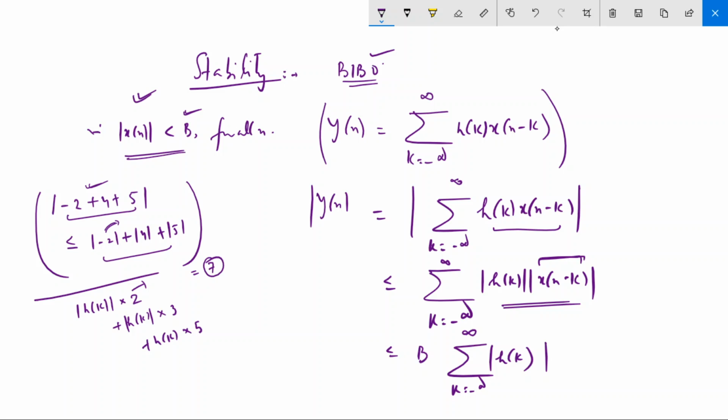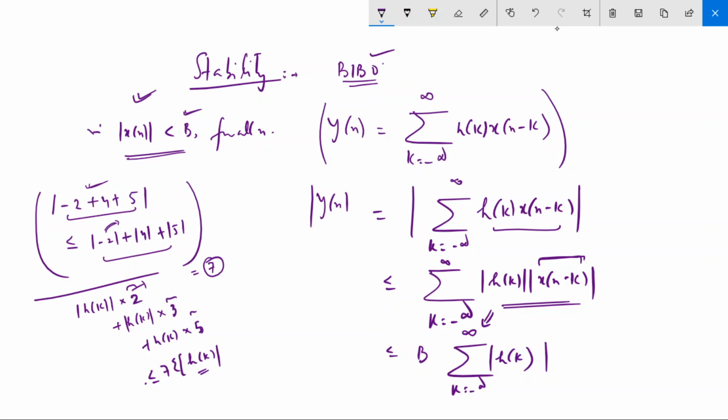When I have written this equation in this form, I have assumed that all these factors are basically 7. Then only I can take b as common. It means this will always be less than or equal to 7 times the summation of mod of h[k], because you are multiplying with the factors and adding them together.